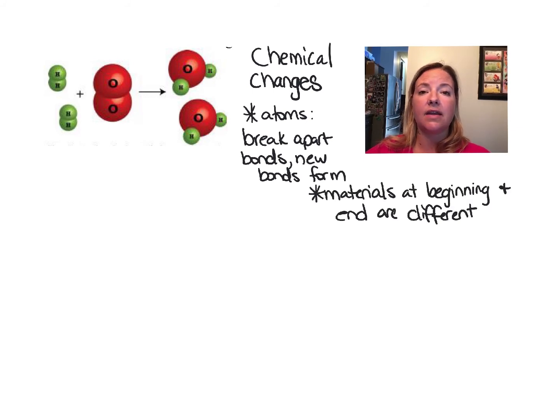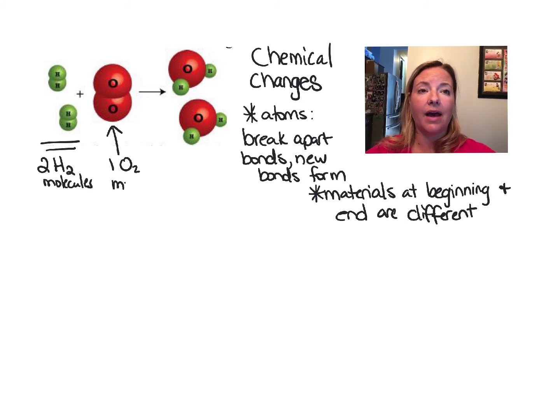So you can see in this image, we've got two hydrogen molecules and one oxygen molecule. When the chemical reaction occurs, they're no longer bonded to each other, and instead we have two hydrogens bonded to a single oxygen.